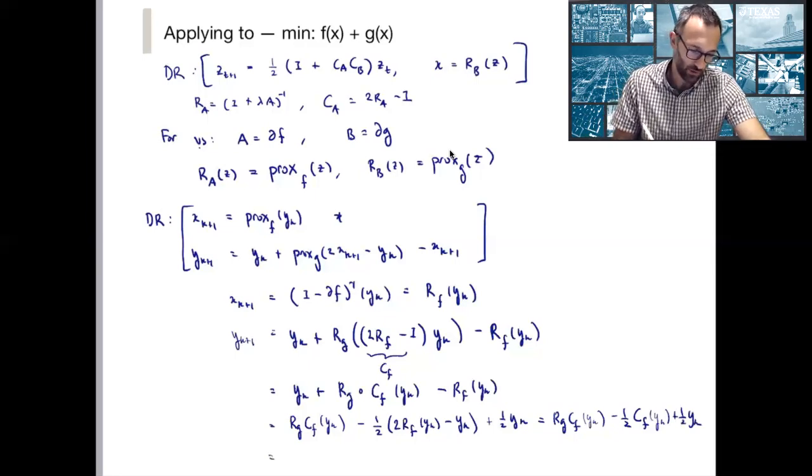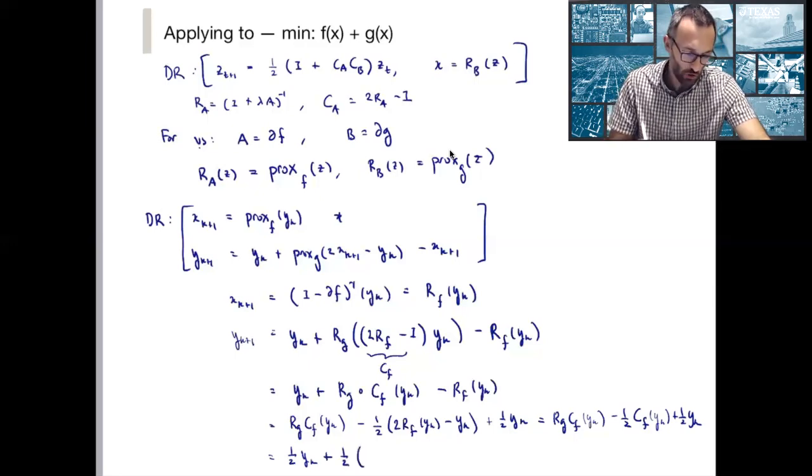This is now equal to, let's bring the 1/2 yk to the front. I've got 1/2 yk plus 1/2 of 2 RG times CF of yk.